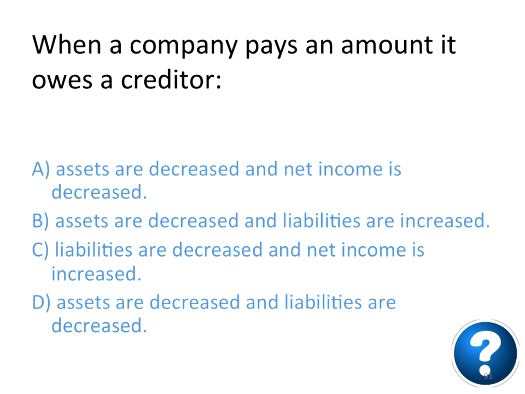Decreasing, right? So accounts payable is decreasing. What kind of account is accounts payable? Liability. According to our handout, if we decrease a liability, what do we do to it? Debit, yes.